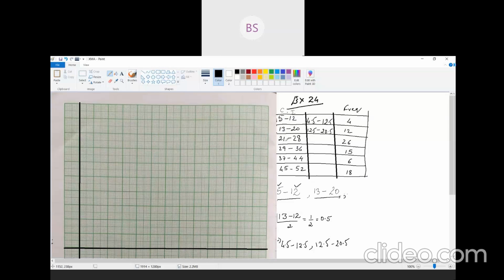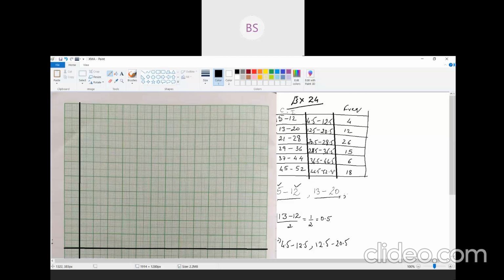Similarly 21 will be 20.5 and then 28.5. So 29 minus 0.5 is 28.5, and 36 plus 0.5 is 36.5.